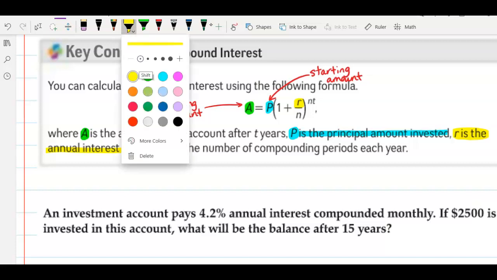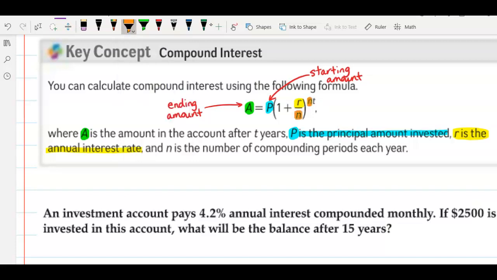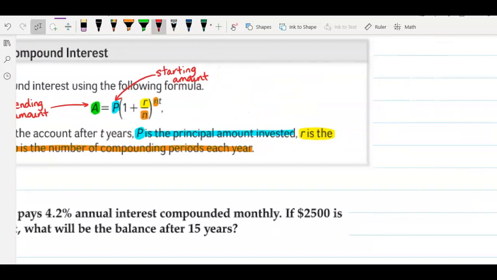Something new is something called the n piece, the n variable. These are the number of compounding periods in a year. So for instance, if it says that this happens monthly, how many months are in a year? 12. If it happens daily, how many days are in a year? 365.